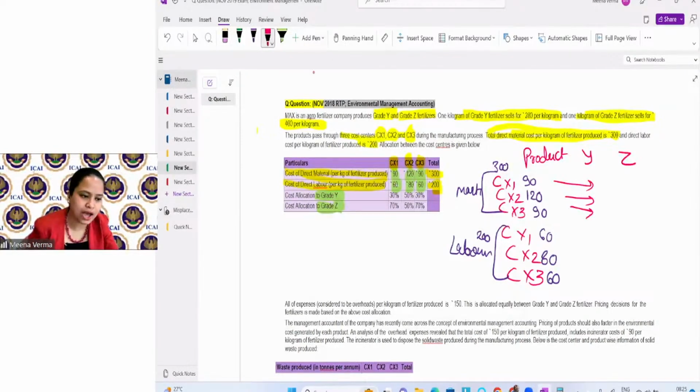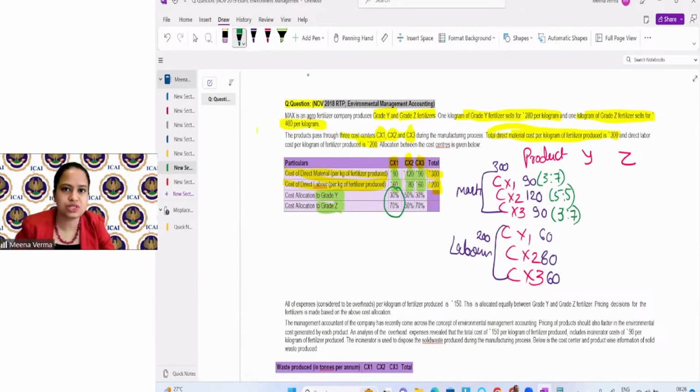Now you have to allocate this on what basis? This one, 90, as 30%, or 3:7. Let me write the ratio. Instead of percentage, 3:7 ratio, you can allocate it to Y and Z. Similarly, 5:5 means equal, then 3:7.